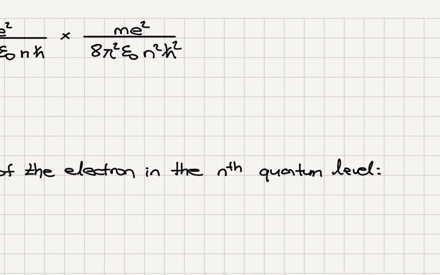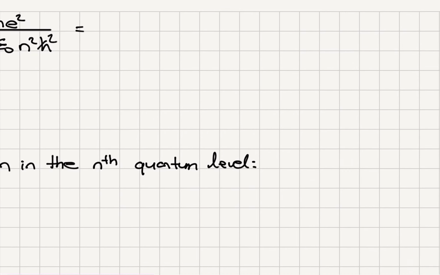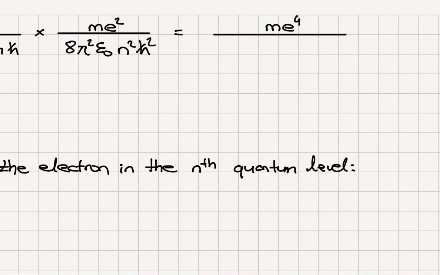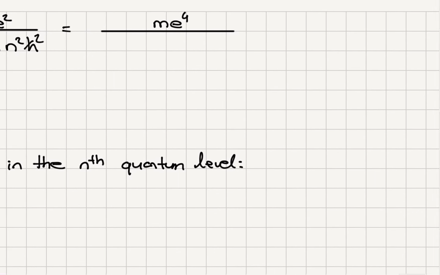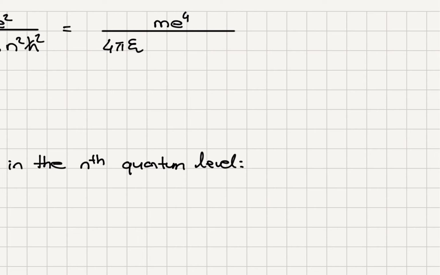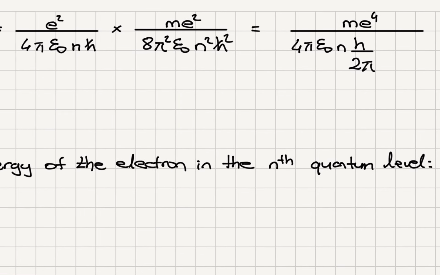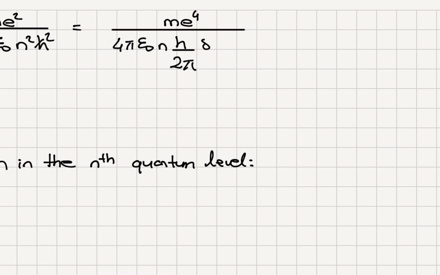So this is going to give us m multiplied by electron charge to the fourth power, then I have 4 pi epsilon 0 n h over 2 pi, 4 pi epsilon 0 n h bar, divided by 8 pi squared epsilon 0 n squared h bar squared, which is h squared over 4 pi squared.